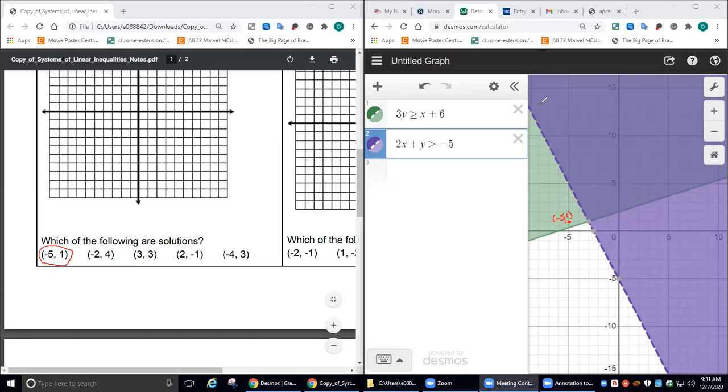Again, I'm going to draw the shaded region one more time, touching the line, right?